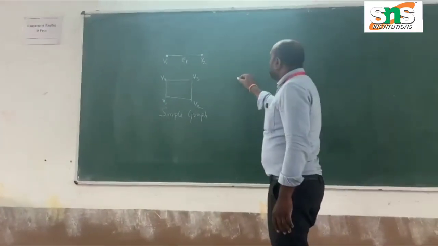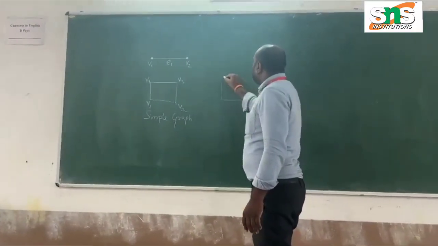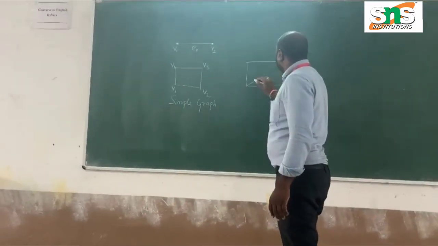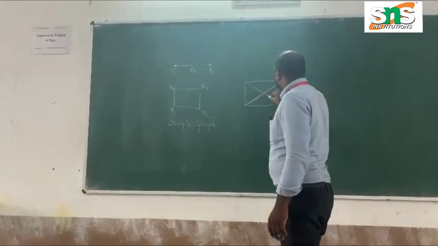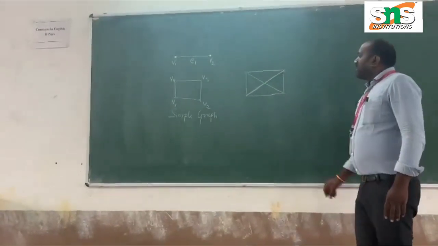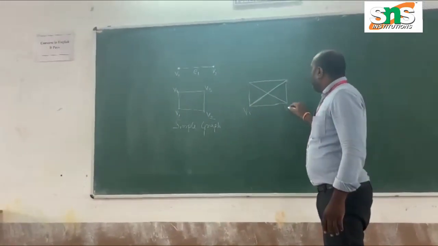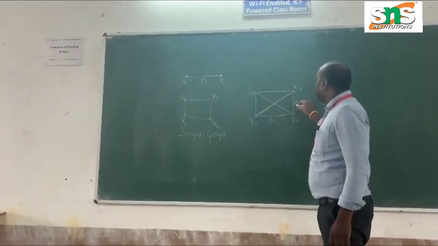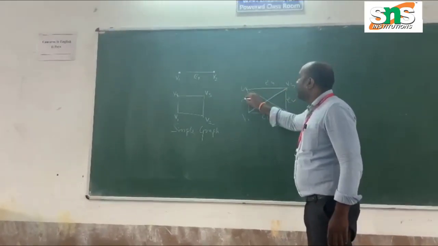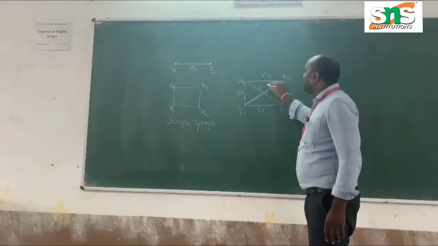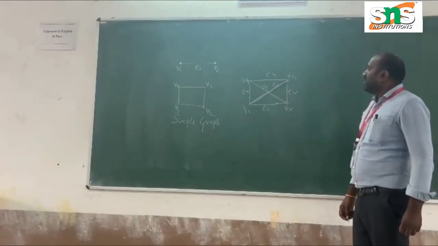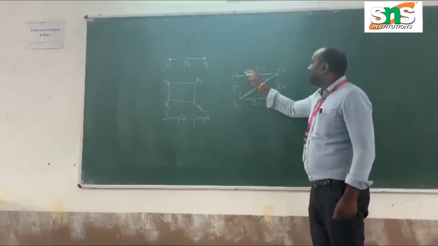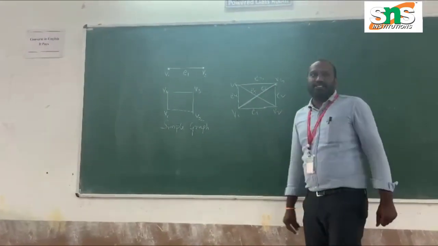See, in this regular graph there are V1, V2, V3, V4 and E1, E2, E3, E4, E5 and E6. In this graph there are 4 vertices and 6 edges.